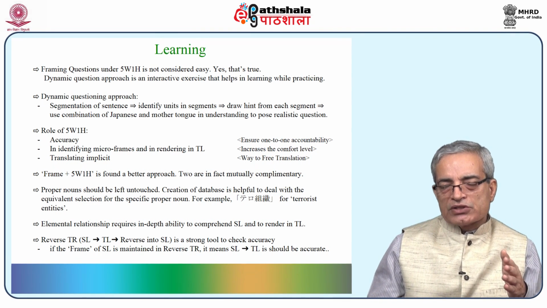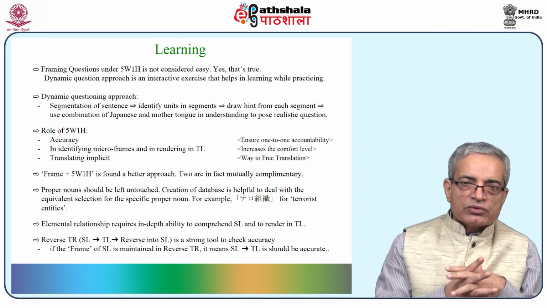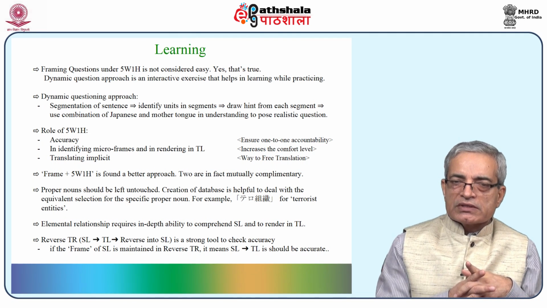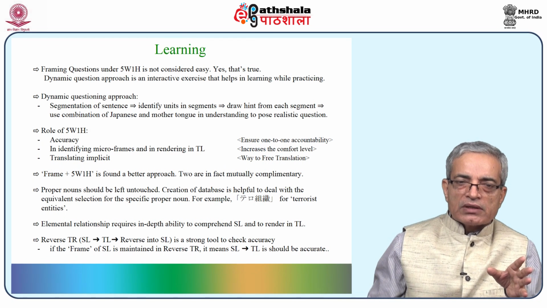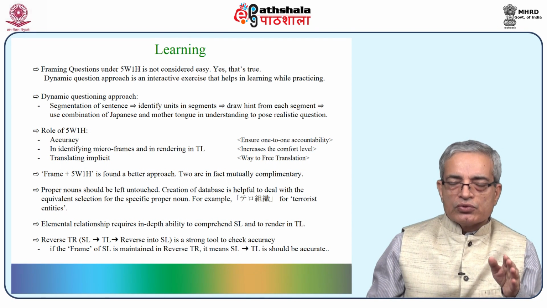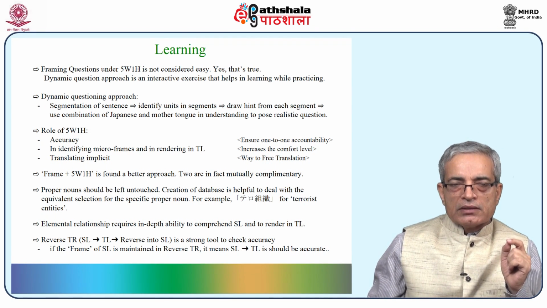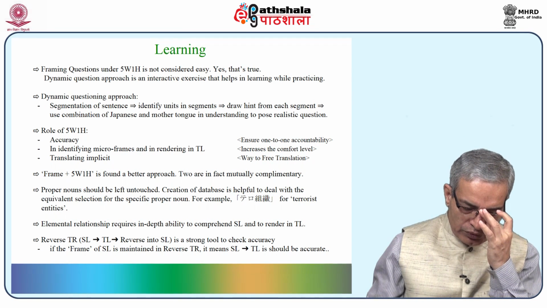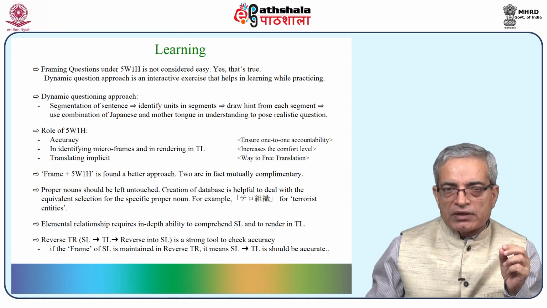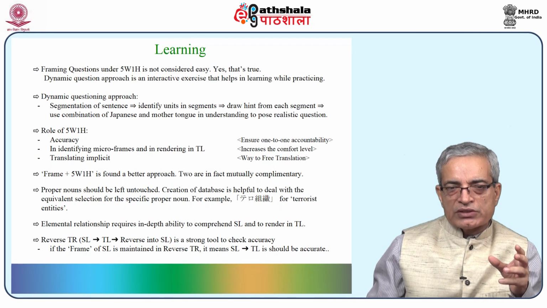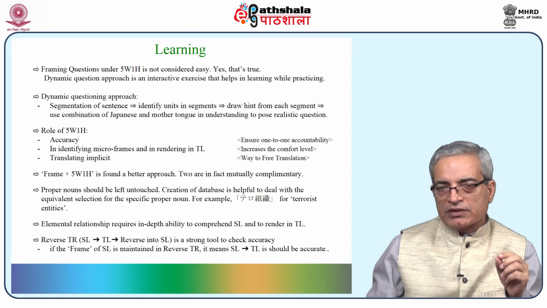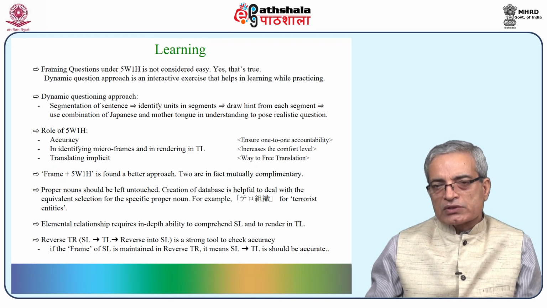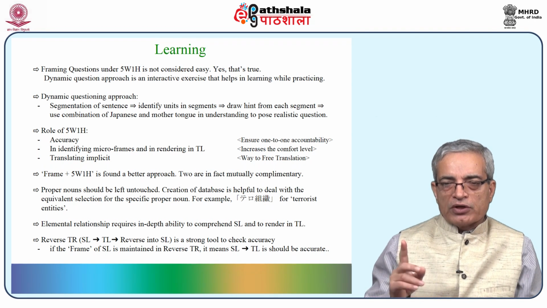Reverse translation, as was told initially also in the previous modules, into the original source language, is a strong tool to check the accuracy, or you can say it's a strong tool to check the cognizance level in that mechanism of translation. If the frame of the source language is maintained in the reverse translation also, it means the source language to target language process should have been a very accurate process.